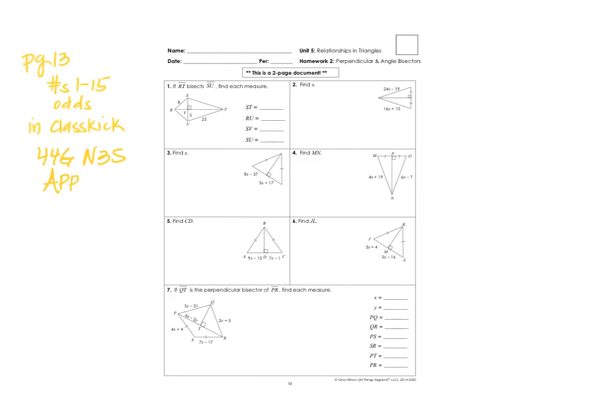You will be using the ClassKick app on an iPad, which will allow you to write, and you will basically treat your ClassKick like a piece of paper. So you'll write number 1, look at the problem, do the problem in your ClassKick, and then write ST equals blah, RU equals blah, and so on. And then when we meet again, I'll give answers, you'll check your answers, and so on.